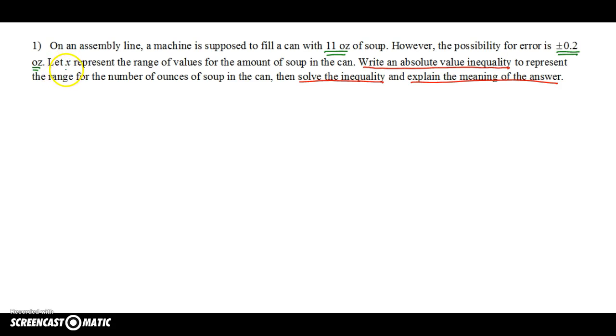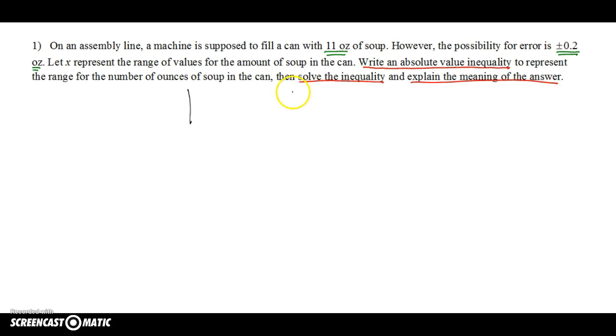And we are going to let x represent what are the values that the soup can could possibly be if I actually weighed it at the grocery store. So, since the difference of the actual weight and 11 ounces is plus or minus 0.2 ounces, we can use an absolute value inequality.